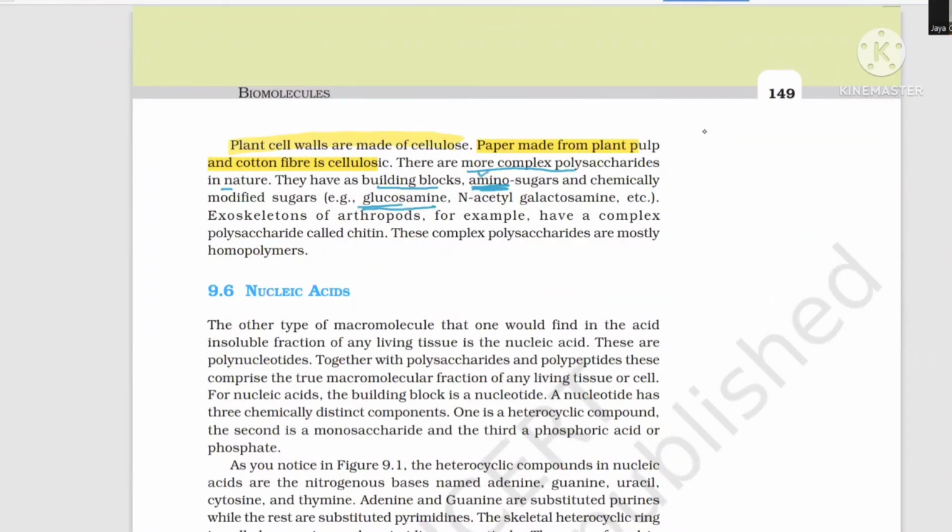It means you are adding an amine group to the sugar, glucosamine or N-acetyl galactosamine. So they are your modified sugars, or you can say complex polysaccharides. Example is chitin, and chitin is a homopolymer. Chitin we see in the fungal cell wall, and in the exoskeleton of arthropoda also. So I hope that today, lipid and carbohydrate according to the NCERT we have covered.